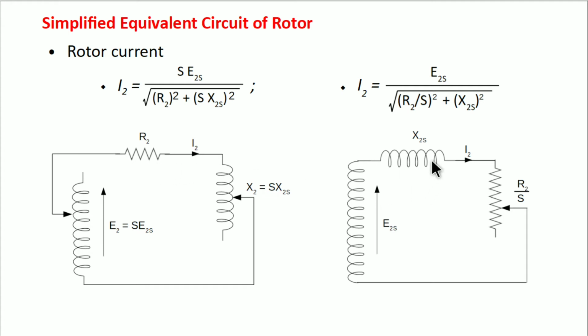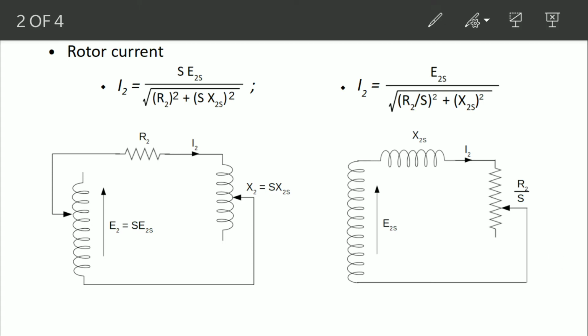R2 and X2S are there. These are the parameters of the rotor. So we will take R2 out of this R2 over S, and the remaining part we will represent here as variable. Now if we take R2 out of R2 over S, what do we get?